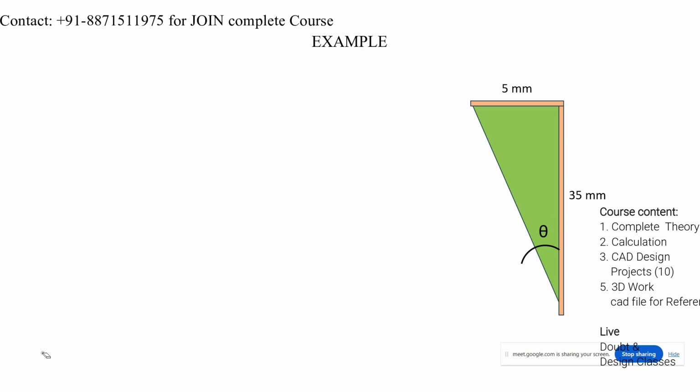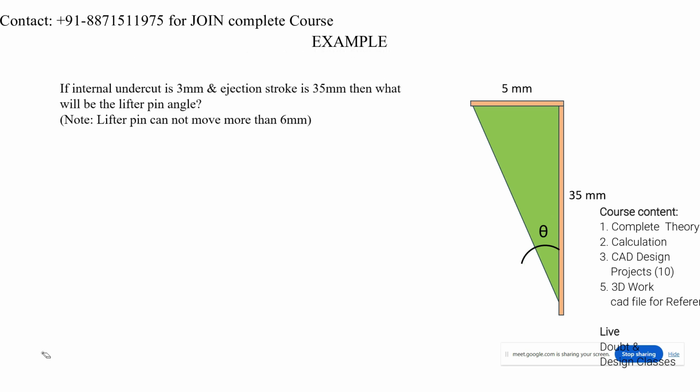Now see the example. Suppose we have an internal undercut of about 3 mm and the ejection stroke is about 35 mm. Then what will be the lifter pin angle? And here we have a condition also: the lifter pin cannot move more than 6 mm. What is the meaning of this note? It may affect other features.